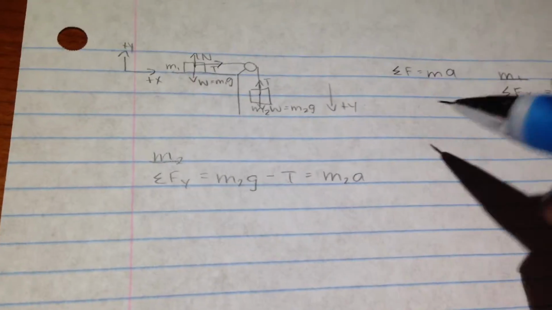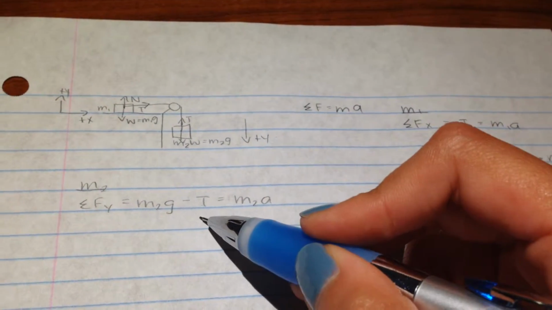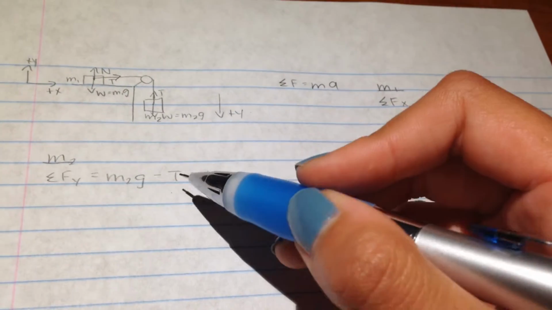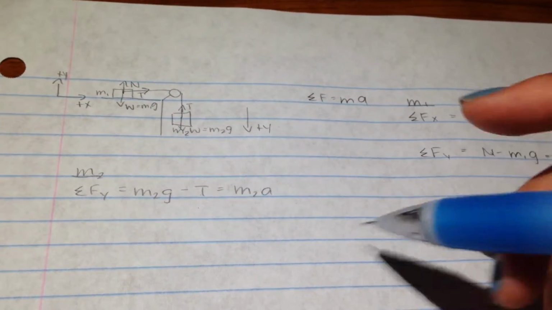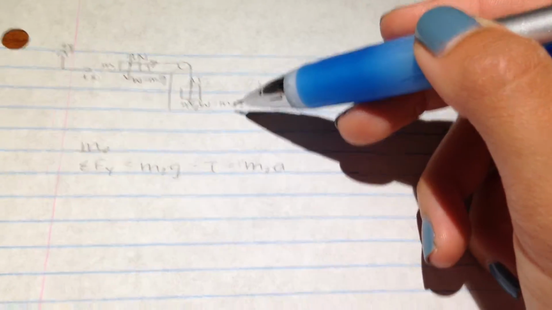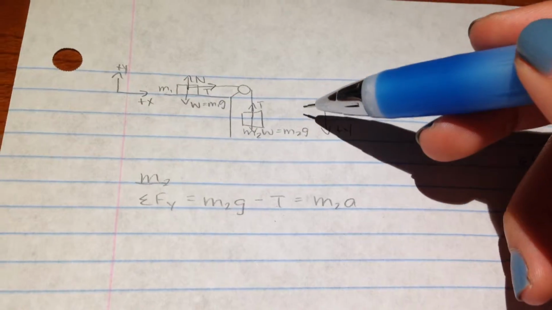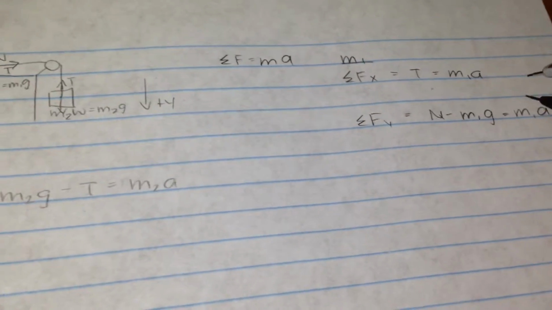And then from there, you can use this equation and add it to this equation, because the tension and the acceleration of M1 and M2 are the same, since they're on the same piece of string or cord. They have the same acceleration and the same tension.